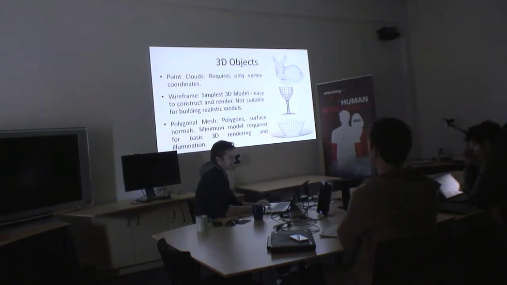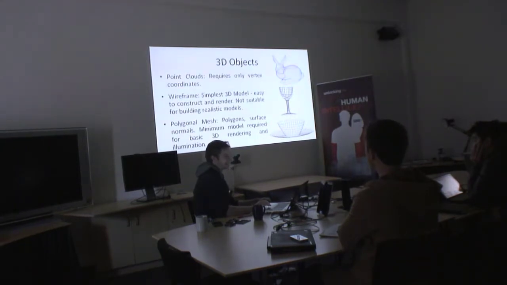Then to get to the next level, you want a wireframe where each point knows what its neighbors are. Here, this point has no idea that this point is its neighbor, but in order to draw these lines, we have to say this one connects to this point here, and this point here, and from that we can draw a wireframe.